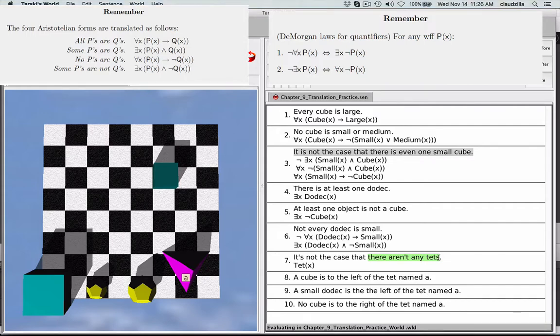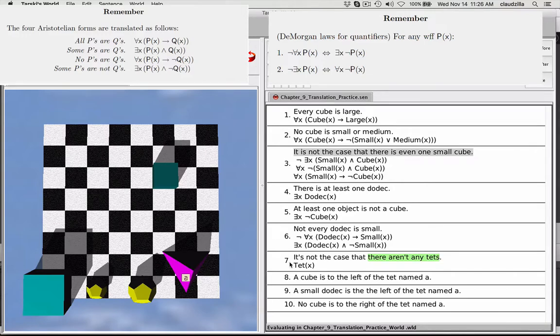Depending on how you interpret this phrase, you'll get a universal or an existential. In other words, remember we've talked about what your intellectual habits are. Mine, for example, would be to say it's not the case that there is at least one, but it may be the case that you might write everything is not, right?